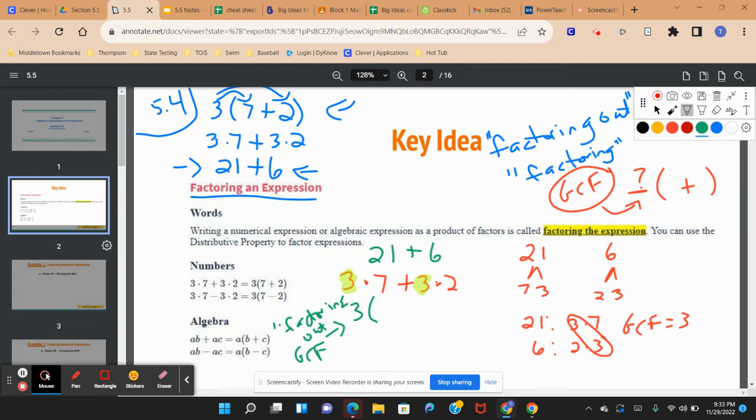Because our 3's are already out, you're just going to put in what's not highlighted. So we have 7 plus 2. Let's see if it's the same. We have 3 in parentheses 7 plus 2, 3 in parentheses 7 plus 2, and that's our answer.